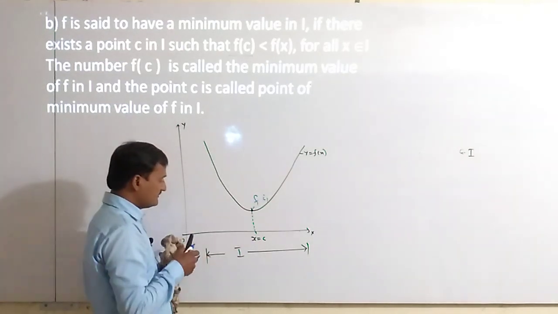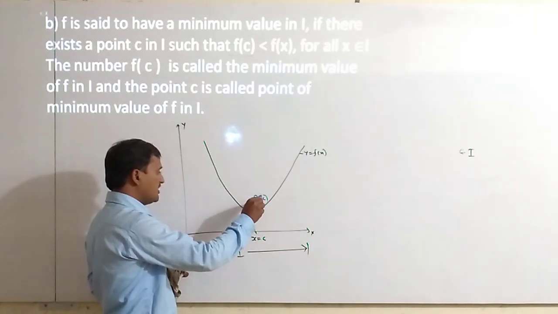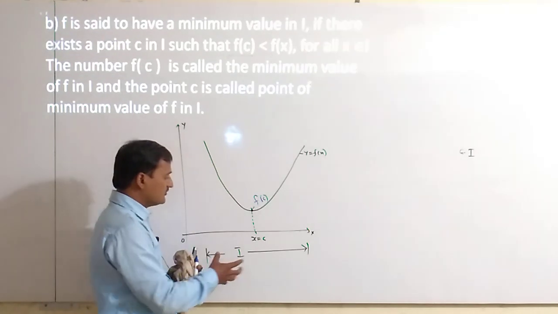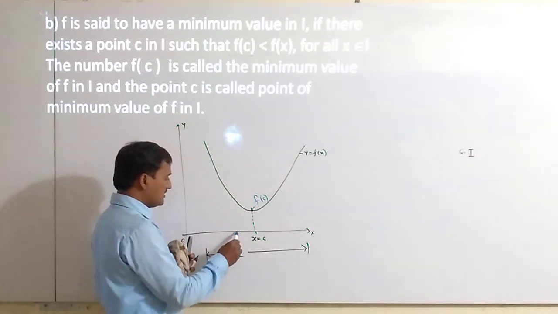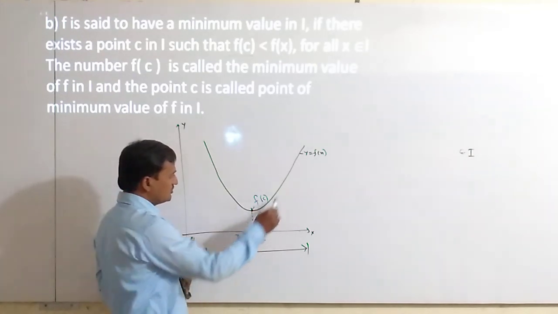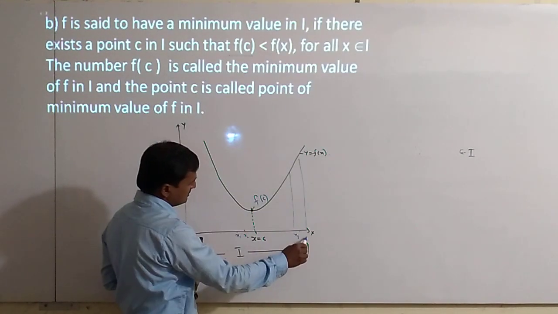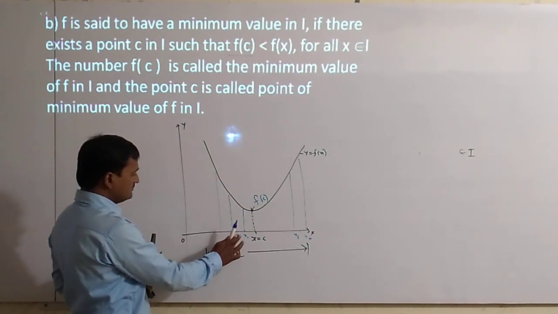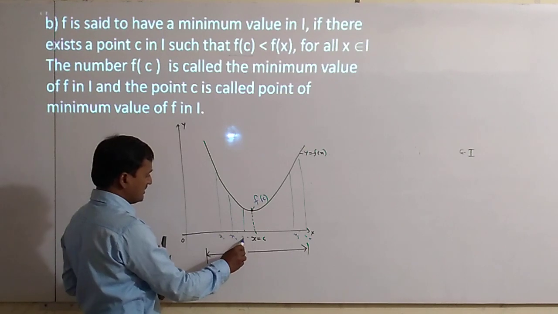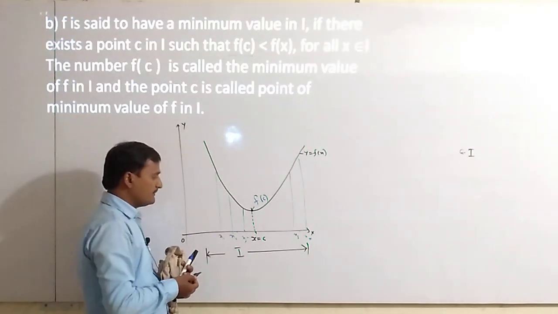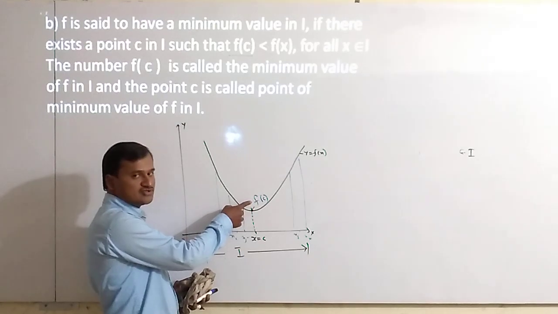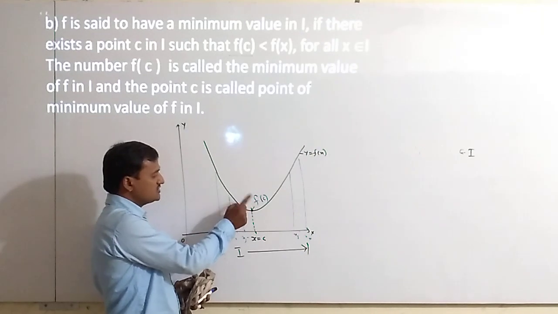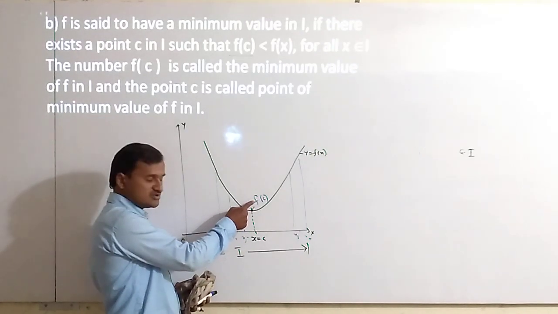Now tell me, as compared to all the functional values, which one is less? In this interval, here it is x1, x2, x3, x4, like that. f of x1 is more than f of c, f of x2 is more than f of c, f of x3 is also more than f of c.